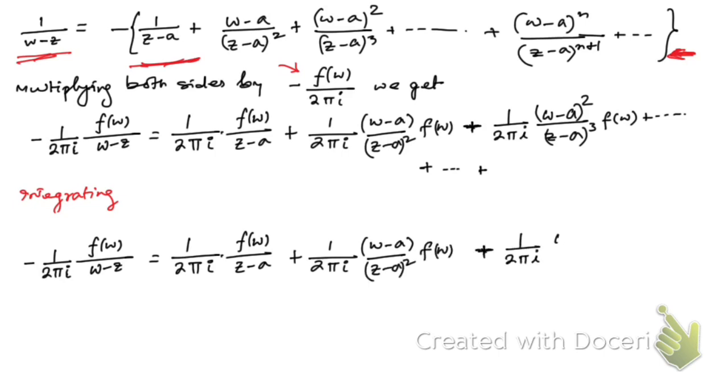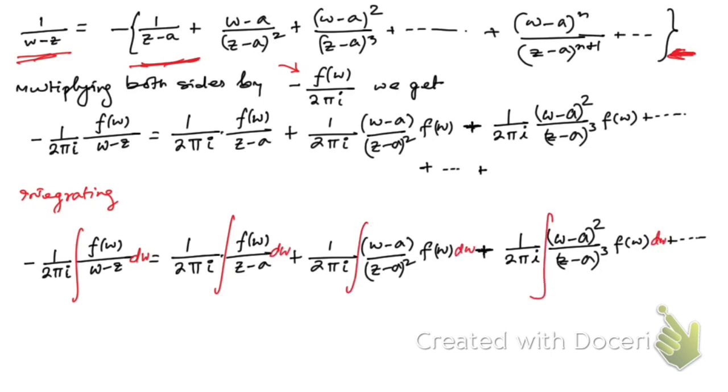Just switch. So let me put the integration here. So integrating this, we're gonna get this. Okay, so now let me go to the new slide. Let me copy this result and go to the new slide. Here this is the result we have got. Let me write it again.